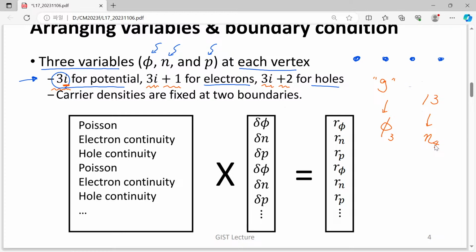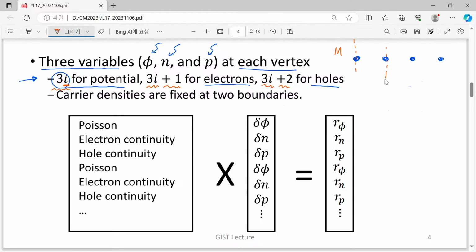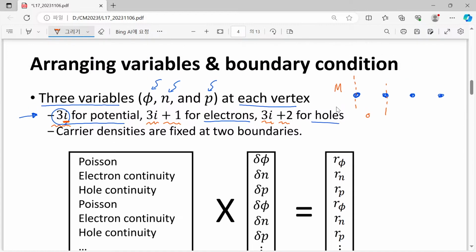Of course, I wanted to emphasize: is this the general approach suitable for every case? Actually, not. One difficulty comes from a specific case. For example, let's think about this case. Let's say here we have a metal, here we have oxide, and here we have silicon.